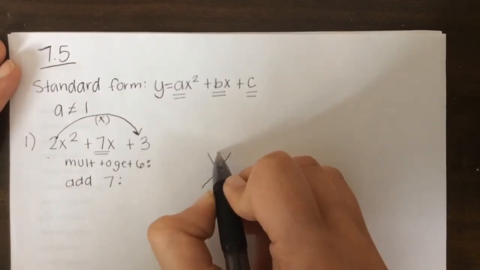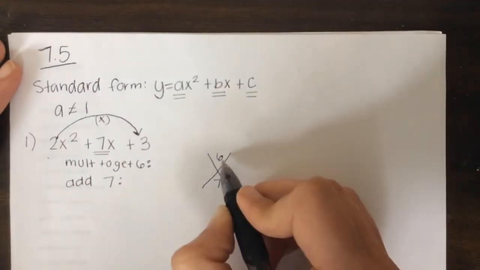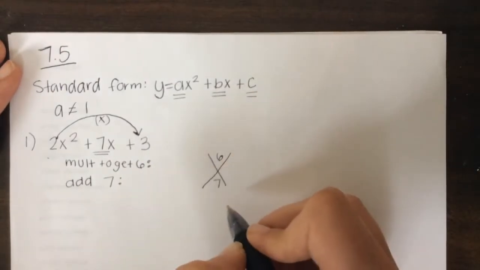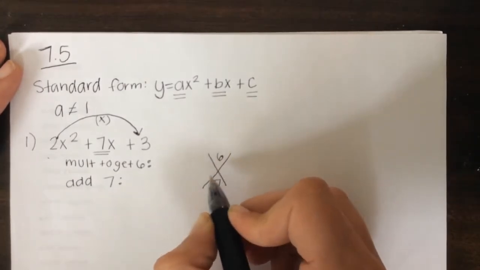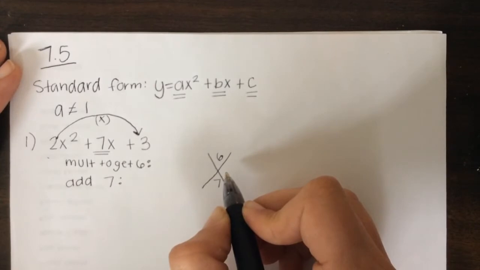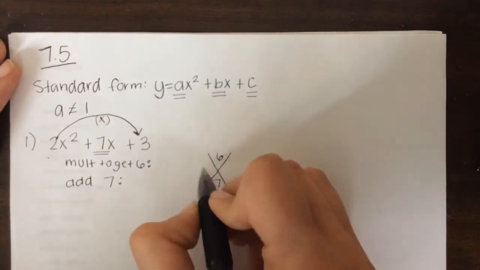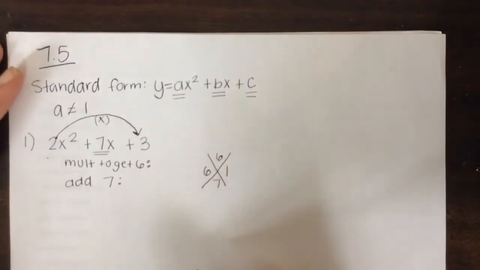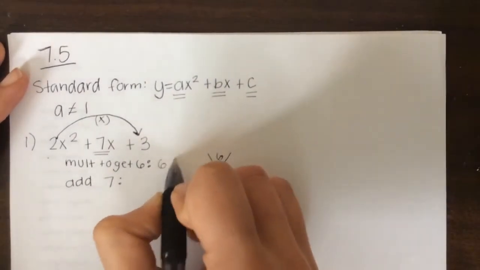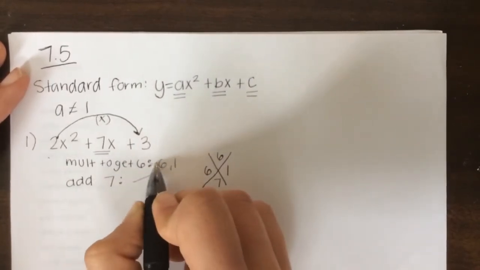So I have 1 and 6, I have 2 and 3. I also have -1 and -6, and -2 and -3. The pair that adds to give me 7 would be 6 and 1. So 6 and 1 are the ones that multiply to give me 6 and add to give me 7.